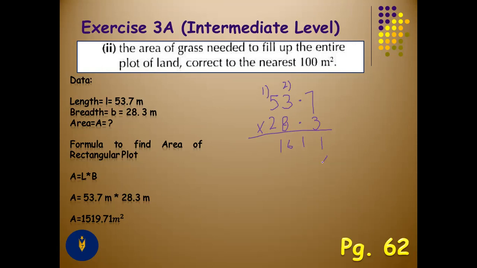Okay. 7 8 is 56. 5 carry, 8 3 is 24, 25, 26, 27, 28, 29. 2 carry, 8 5 is 40, 41, 42.